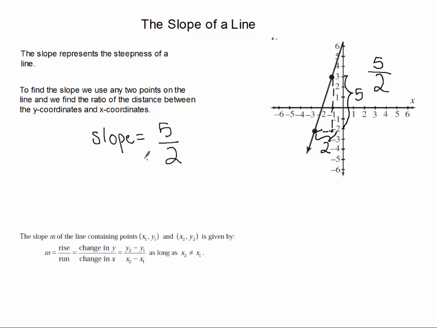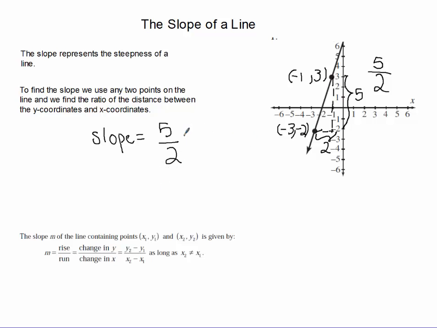Now, if you do it with the ordered pairs, the ordered pair for this point is (-1, 3), and this other ordered pair has (-3, -2) as its coordinates.